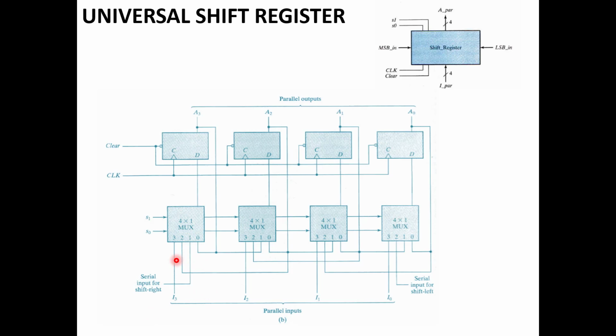There is one serial input for the shift right operation, that means the data will shift towards this side, and there is a serial input that will shift the data to this side. Now we are going to see how it performs the operations one by one. It's just a simple manipulation with the multiplexers, how your data will be transferred or moved between the flip-flops.